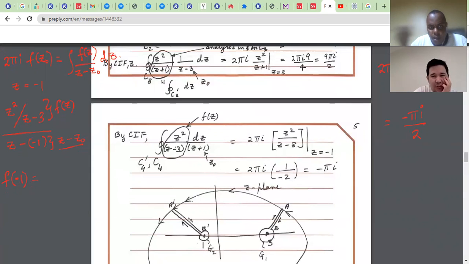I think that must be his mistake, because it's impossible. If it's -1, it should be -1 minus 3, which will be -4. We're talking about the point where z equals -1, right? Yes. I think it's his mistake.